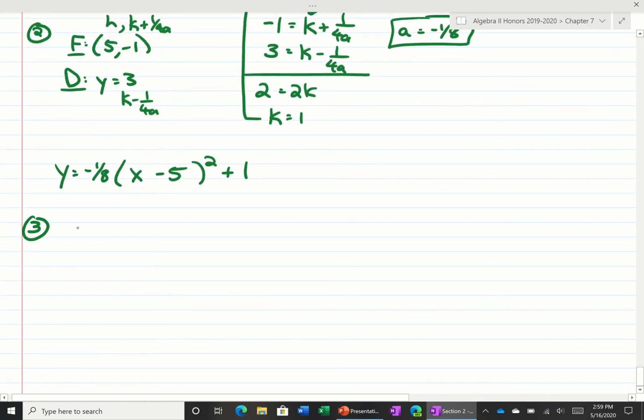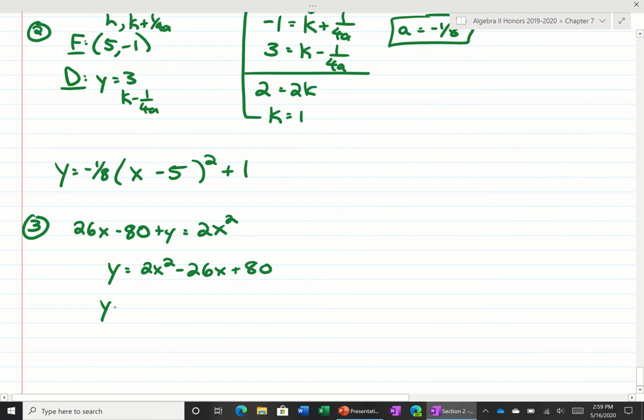For problem number 3, we have 26x minus 80 plus y is equal to 2x squared. So get the y by itself. We can start completing the square. Half of 13 is 13 over 2.